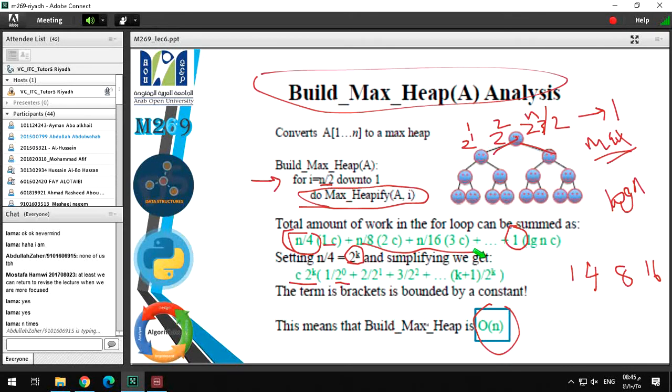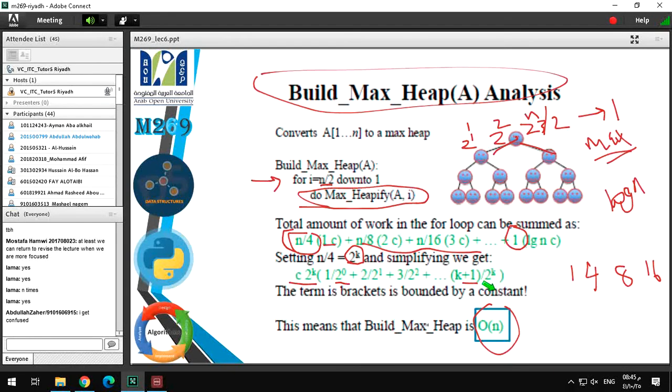Every time just replace 2 to the power k by n divided by 4. And then you will get k plus 1 divided by 2 to the power k. This is a bit confusing when it comes to mathematical proofs. But it's just showing you here how much work is done inside the build max heap.